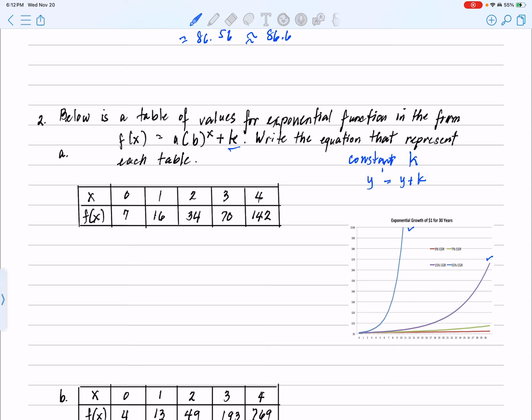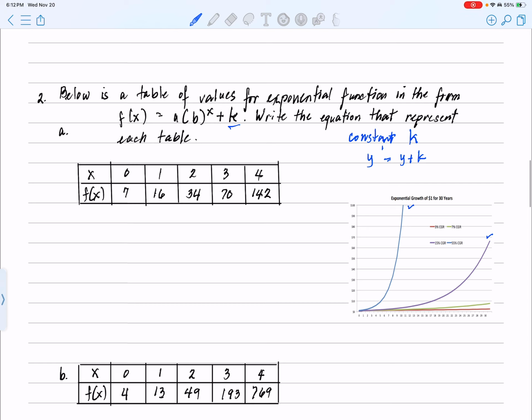We have an x value and a y value, 0, 1, 2, 3, 4, and if we graph this using a calculator, we can see how the graph looks. All right, we know that this is exponential by looking at the y values.